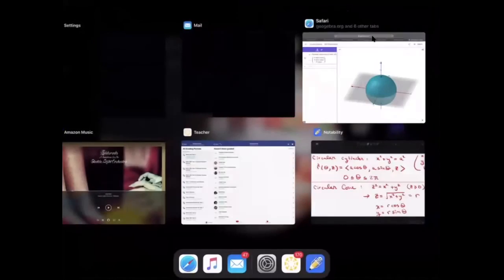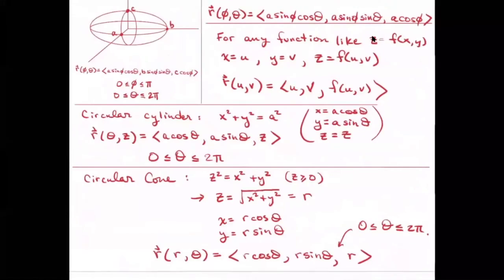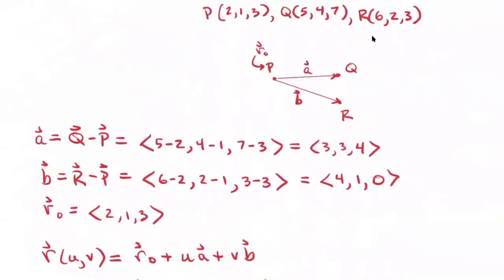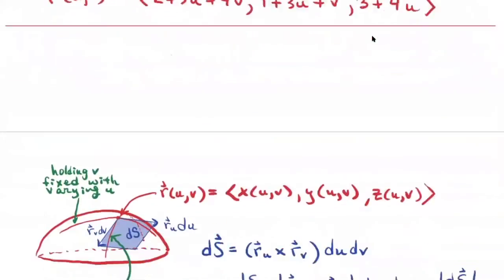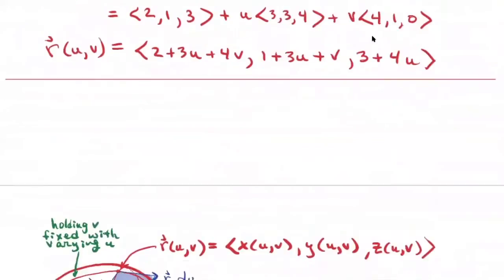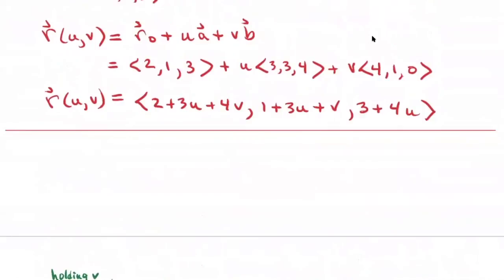Okay, so real quickly, I'm going to pop over. How about if I squeeze it in? I'm going to put it right here. So GeoGebra 3D. Okay, let's say your function is r of uv.